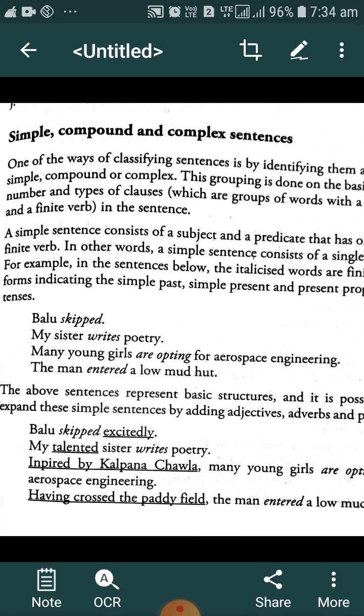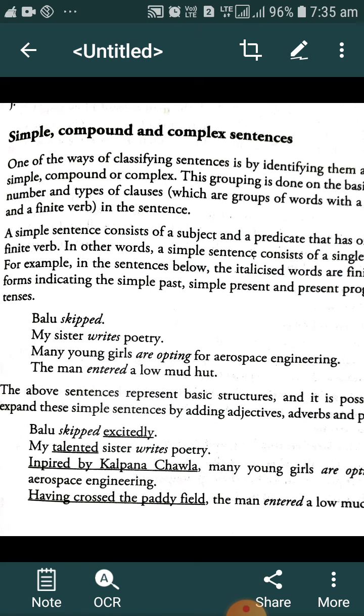The above sentences represent the basic structure, subject plus verb, subject plus predicate. It is possible to expand these simple sentences by adding adjectives.